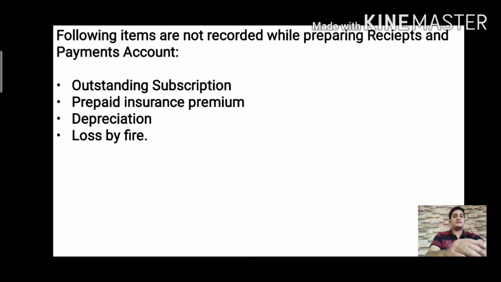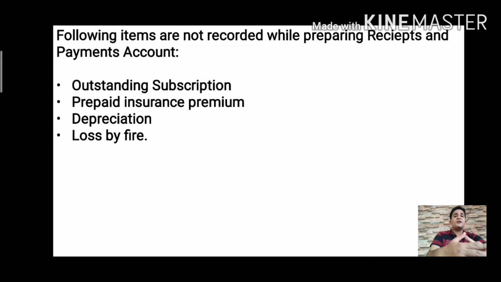Outstanding subscription means some subscription is payable or not yet received, and that subscription is not recorded while preparing receipts and payments accounts, because the receipts and payments account is prepared at the end of the accounting year.